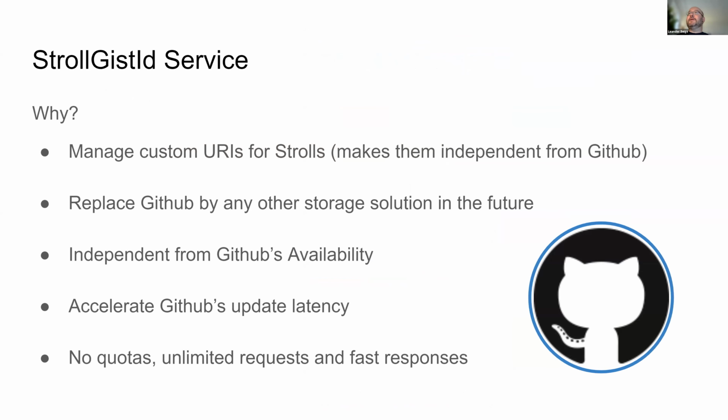So it would be possible later to change from GitHub to another kind of storage for the actual presentations. And it also helps very much to accelerate the delays that come with GitHub. And there are no quotas on requests and so on.